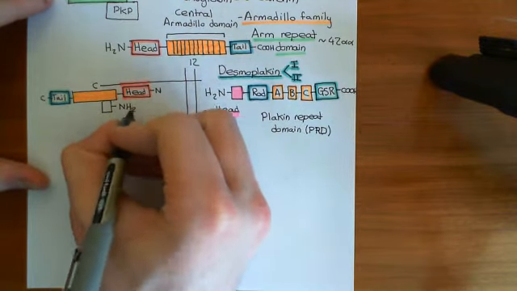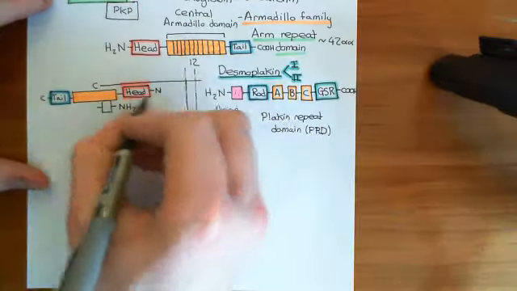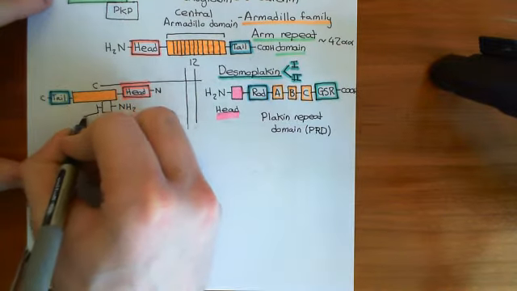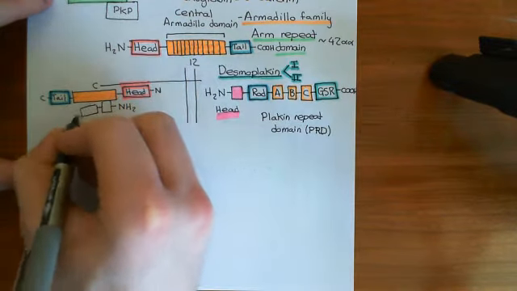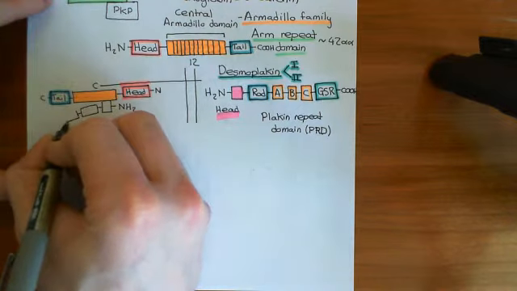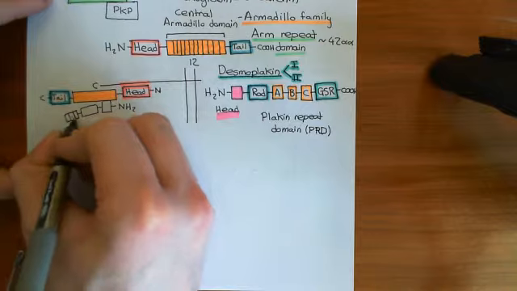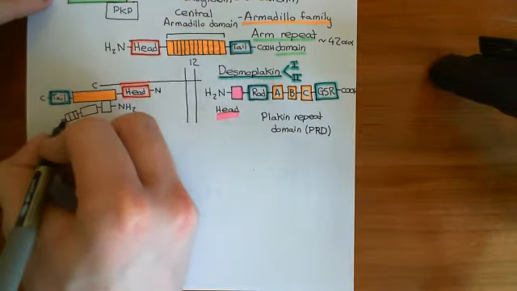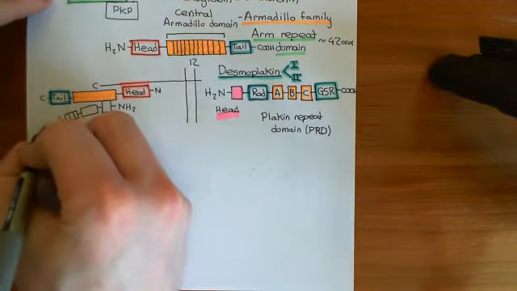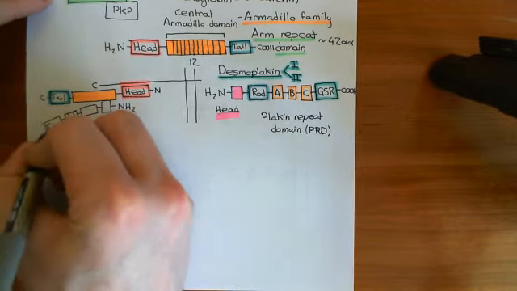So here's the amino terminus. Then we've got our head portion binding to the central repeat domain. Then we've got the rod portion, followed by the three plakin repeat domains, which I'm just going to combine into one there. So there are the three plakin repeat domains. And here then, this is this GSR region.